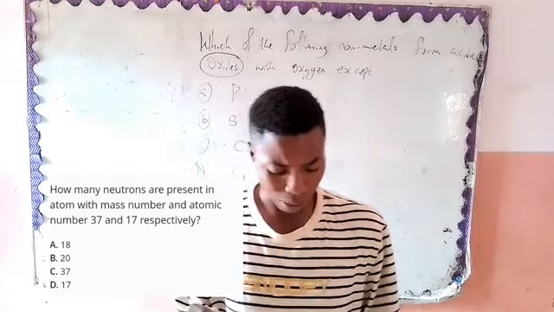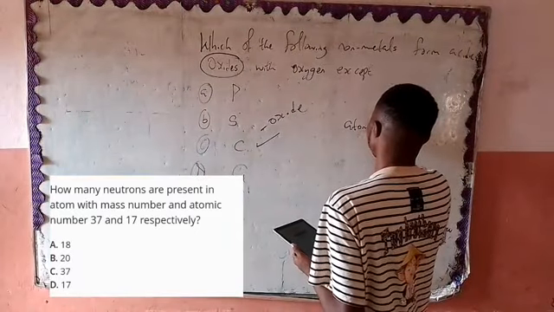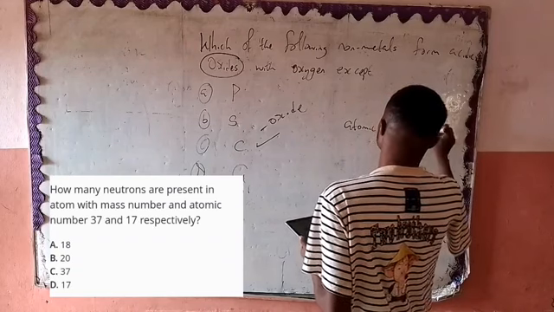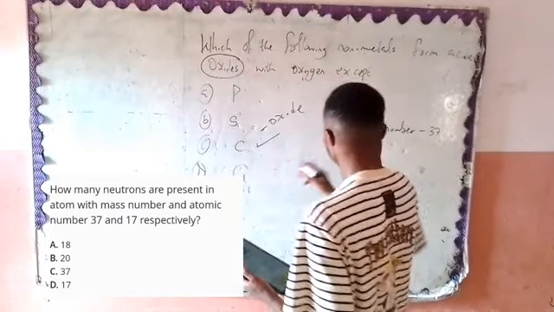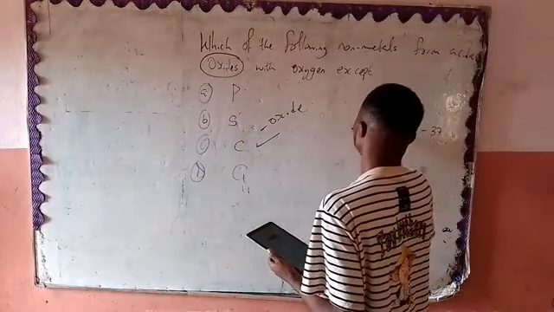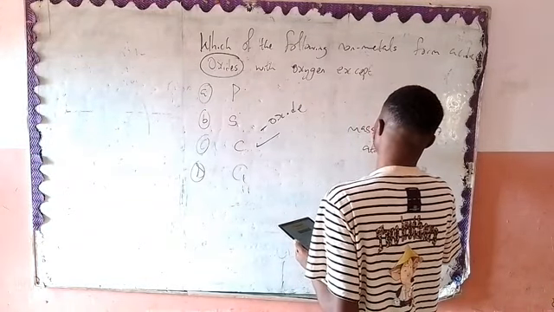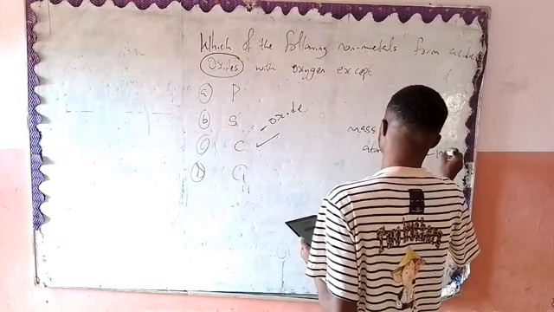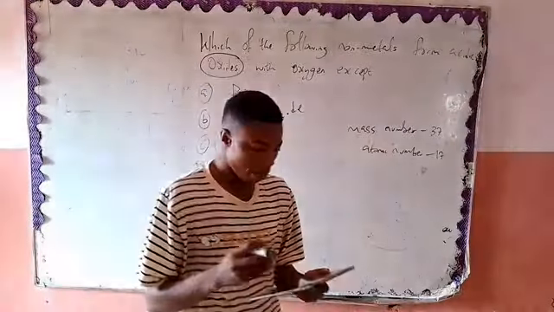So let's pay attention to the mass number 37, and the atomic number 17. The question asks how many neutrons are inside.